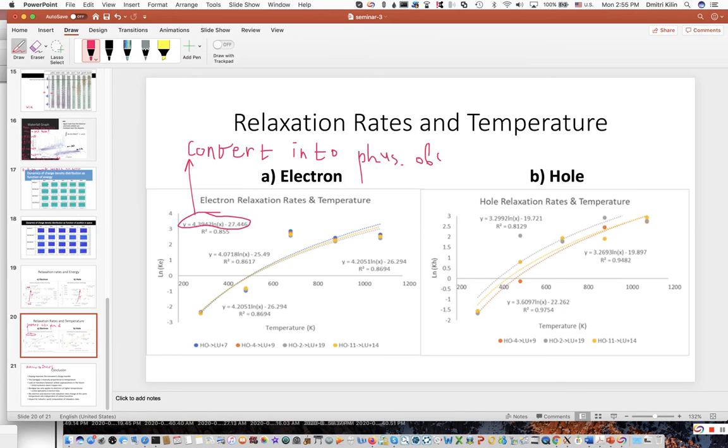Okay. May I ask? Yeah, sure. So you are using Microsoft Excel, and it does write you little equations as an inset in your figures, and it uses X and Y. Would it be possible to rewrite these equations in terms of physical observables, or at least explicitly write what is X, what is Y?